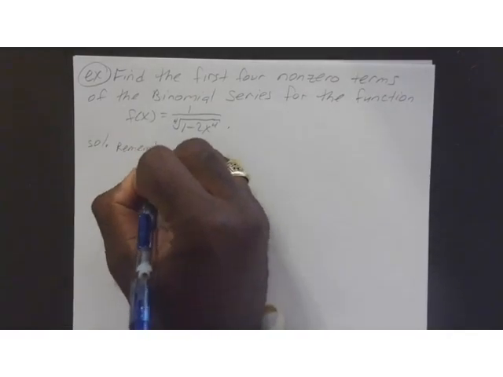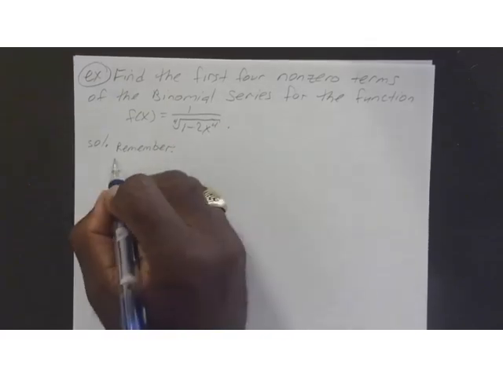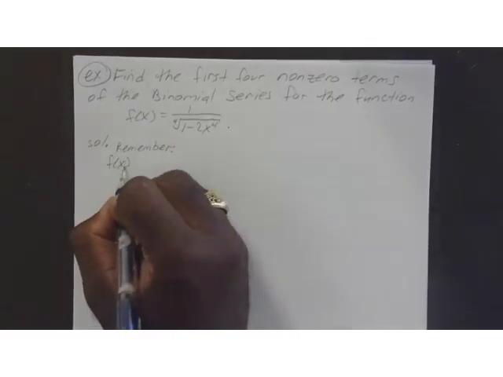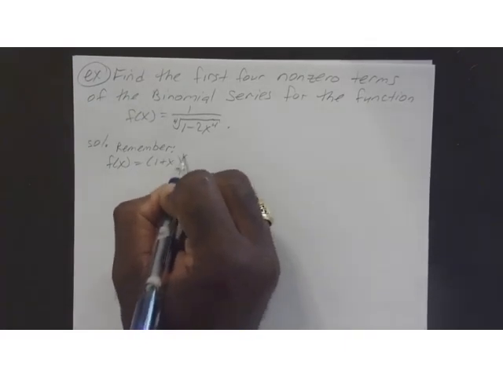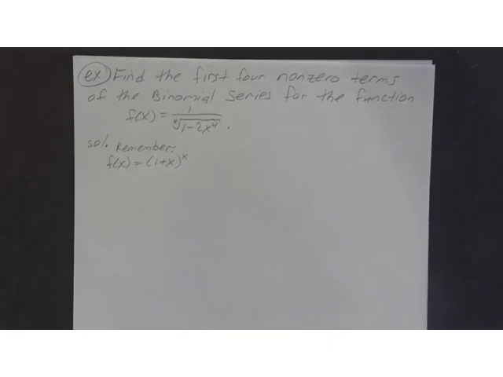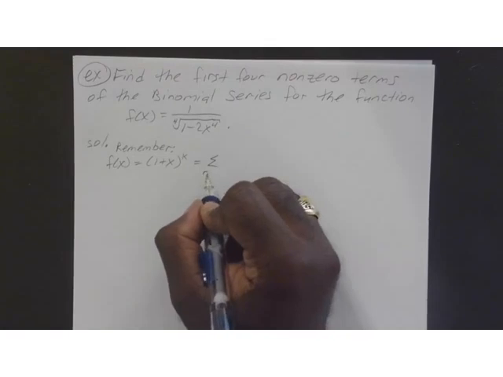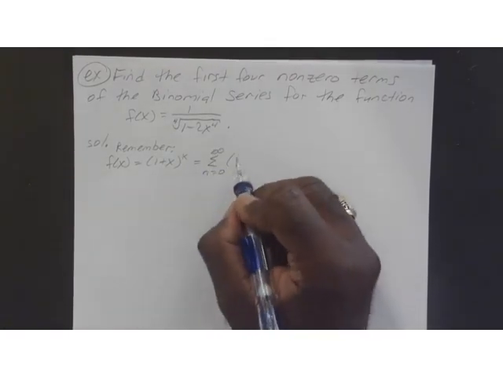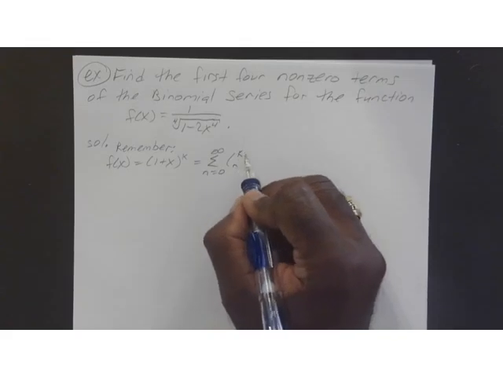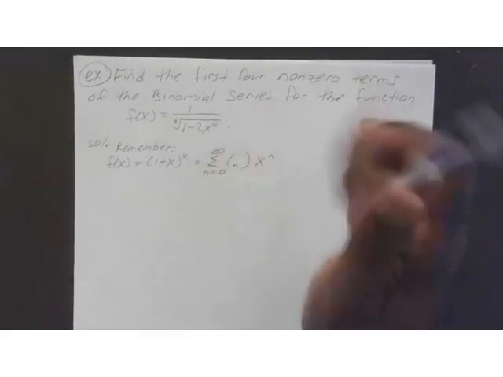Okay, so remember that your f of x is equal to 1 plus x to the power of k, which in series form, or traditional series form, that's the sum from n equals 0 to infinity of our coefficient times x to the power of n. Make that k a little bit clearer.